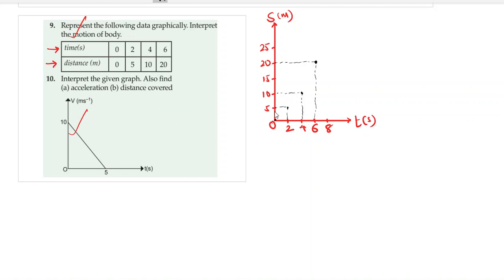So this is the 6 point. And if you draw a straight line, it will not pass through the last point. So basically you cannot draw a straight line.